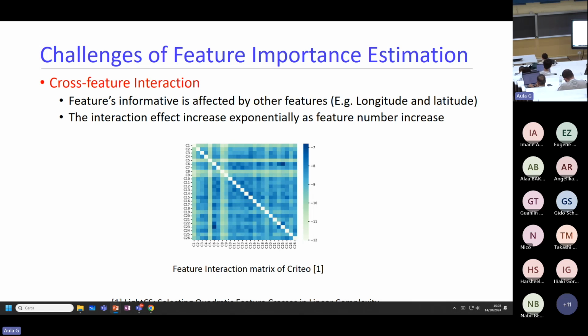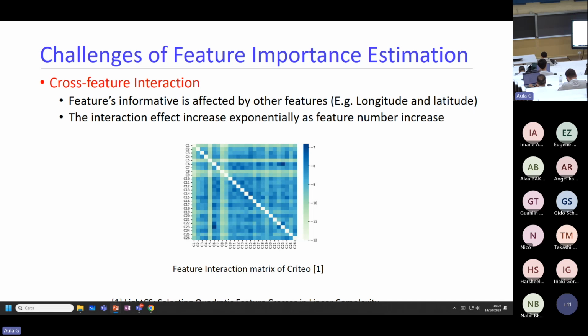For instance, longitude and latitude each provide useful data points on their own, but when combined, such as through their Cartesian product, they yield precise geolocation, which is far more informative for recommendations.